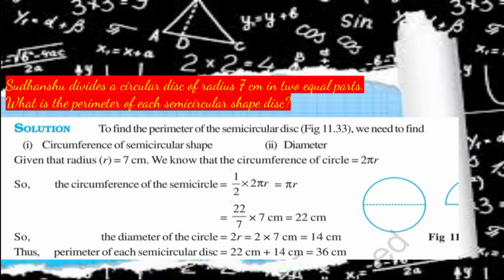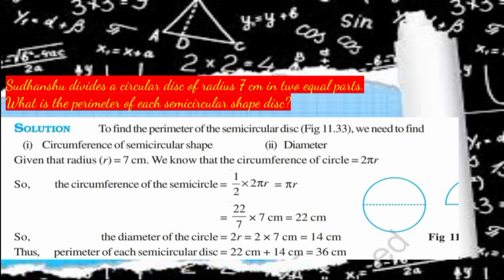Still the line is left. That is the diameter. So diameter of circle is 2r. That's radius into 2, which is 7 cm into 2, equal to 14 cm. So perimeter of half CD is 22 cm plus 14 cm, which is equal to 36 cm. So it was easy too.